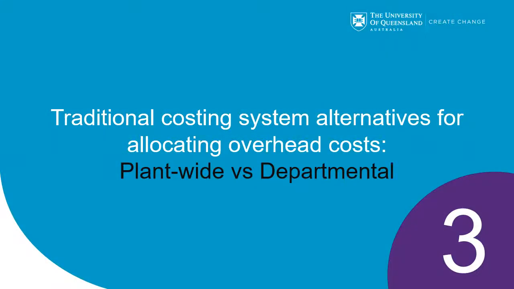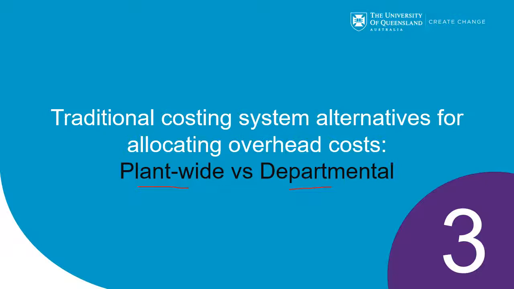So, traditional costing systems, alternatives for allocating overhead costs. We can use a plant-wide rate as we did in the previous lecture, a single cost allocation rate for our manufacturing overhead, or this is what we're learning about today, using departmental rates.